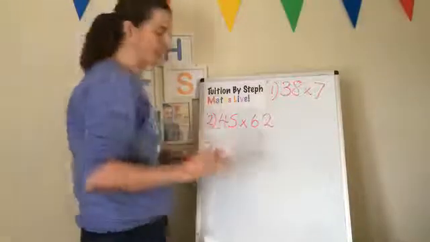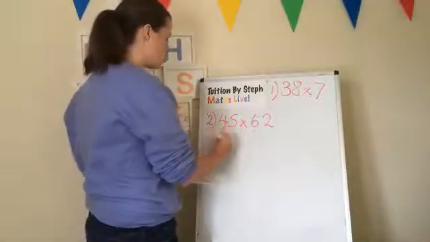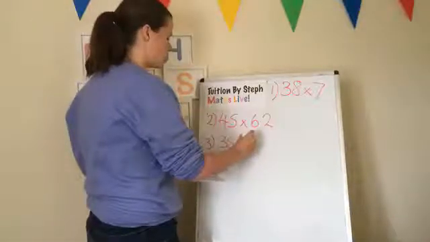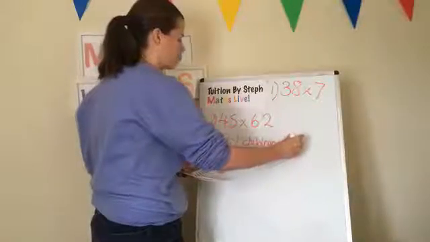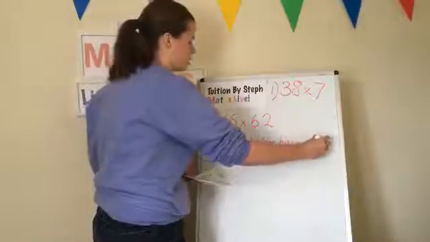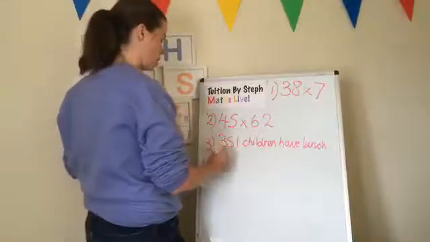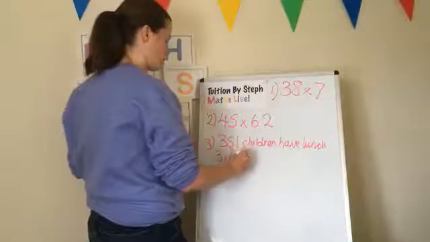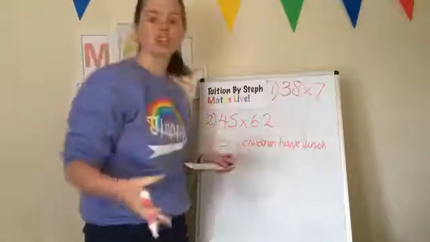So each day at St. Leo's Primary School, 351 children have lunch. Okay, lunch is in 3 parts. There is a main meal, a dessert and some fruit.